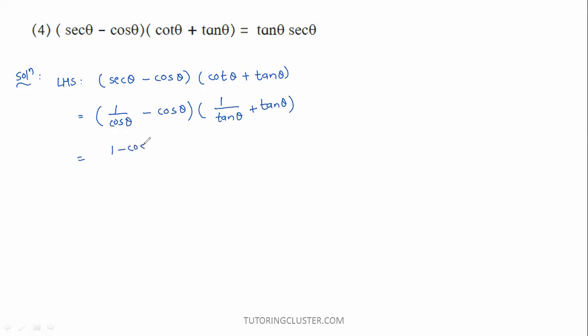So 1 minus cos square theta upon cos theta into 1 plus tan square theta upon tan theta, which is equal to, now, what is 1 minus cos square theta? It is nothing but sin square theta upon cos of theta into, what is 1 plus tan square theta? It is nothing but sec square theta upon tan of theta.